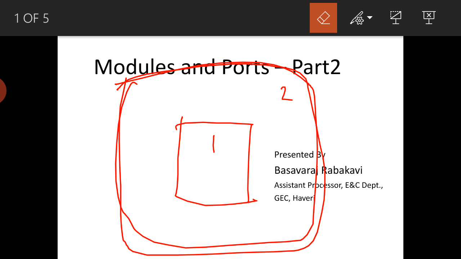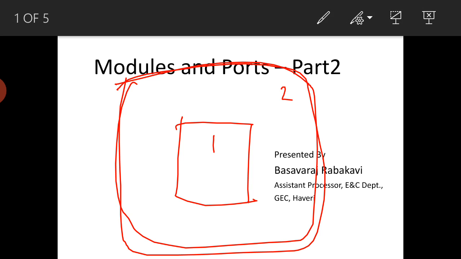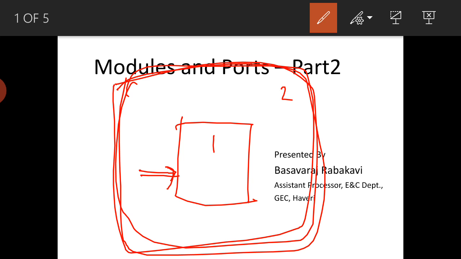In that case, for inputs, in module 2 these signals are generated internally. For example, this signal is S1, and maybe one more signal S2, and here one more signal S3, which is the output. So module 2 has the internal signals S1, S2 and S3.